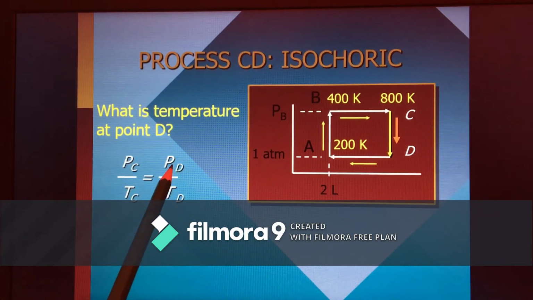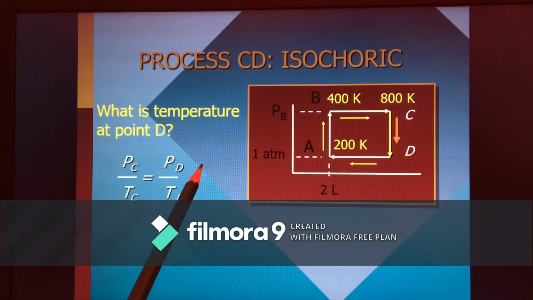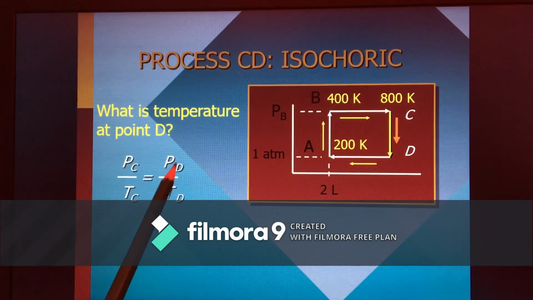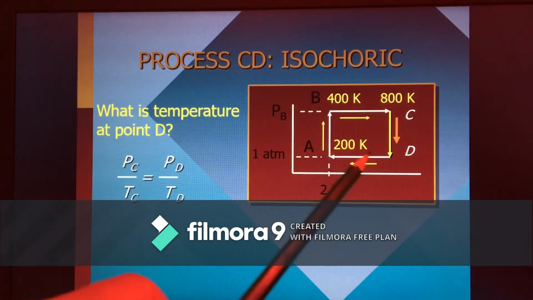This is what we are looking for. This is the pressure at this point D, which is 1 atmosphere, and this is the temperature that we're looking for at point D.